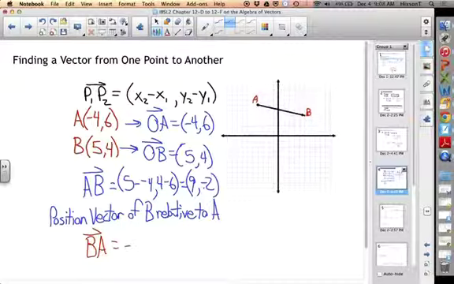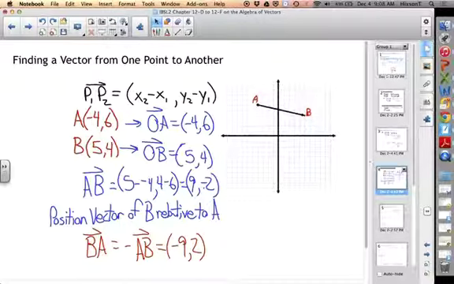So it's negative vector AB, so that is (-9, 2). Again, the opposite direction is the negative vector. Does anyone have any questions?